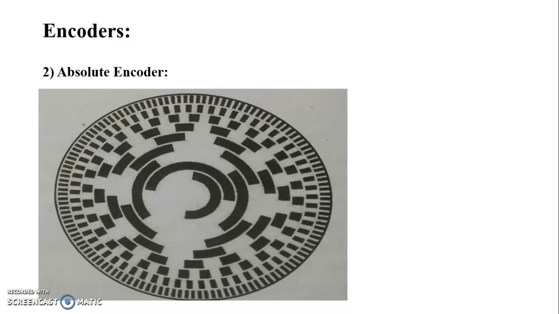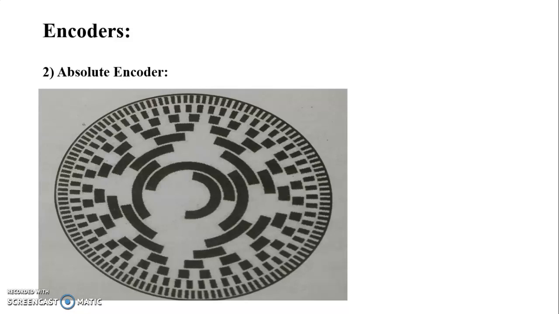In this manner, the position of the encoder is known without having to go through a homing routine required for incremental encoders. A closer examination of the disk reveals that there are 9 tracks of lines on 9 concentric circles within the disk. The outermost circle contains 128 lines.